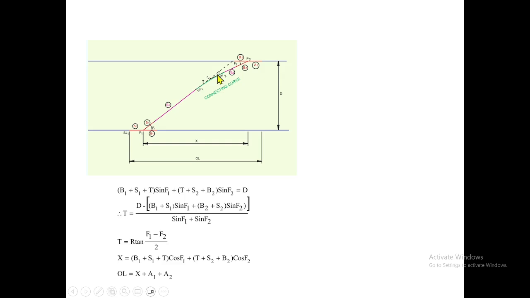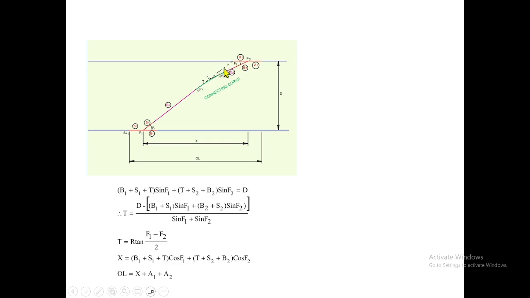So how are we getting the deflection angle here? Because this is F1, if we extend it, this is also F1. And when this is F2, a different angle of crossing, automatically we will be able to get this angle in this triangle, because in a triangle the exterior angle equals the sum of the opposite interior angles.